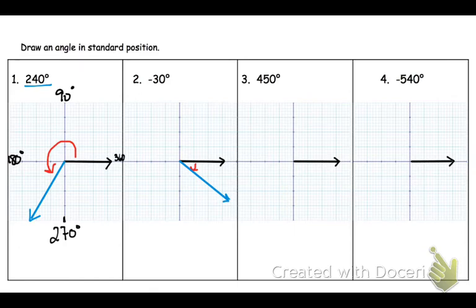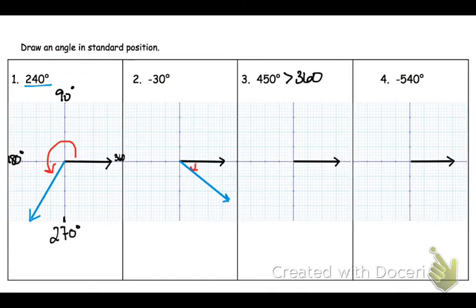Example number 3 is 450 degrees. 450 degrees is greater than 360. So that indicates to me that I have definitely gone above and beyond one rotation. So since it's greater than 360, I want to find what's called a coterminal angle.